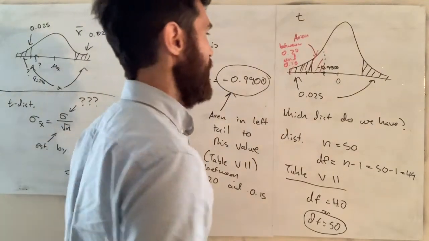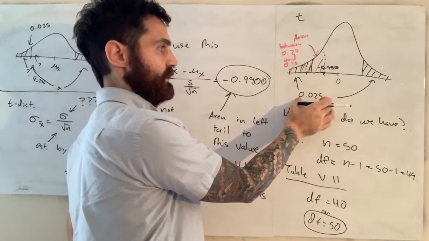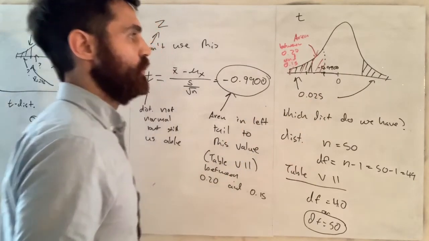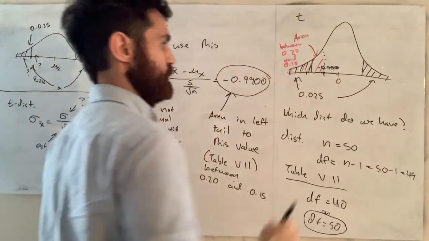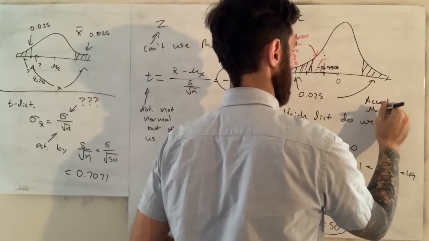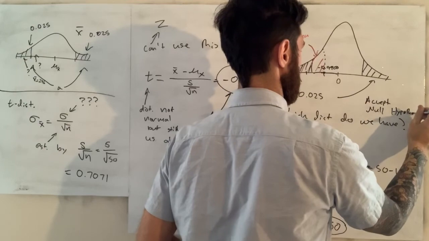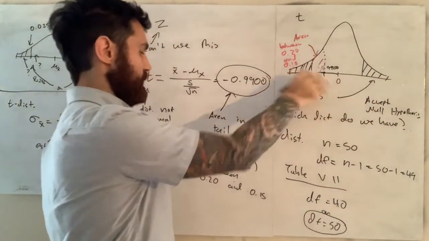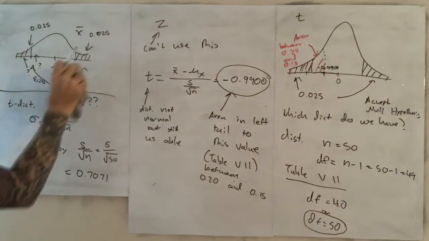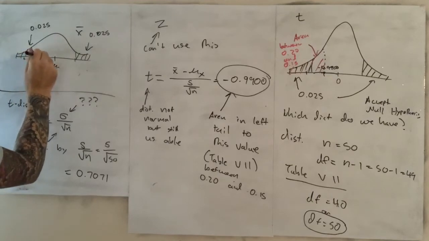And since that area is greater than that critical value, what you're going to do is accept the null hypothesis, because this sample is close enough to your mean to still be typical.